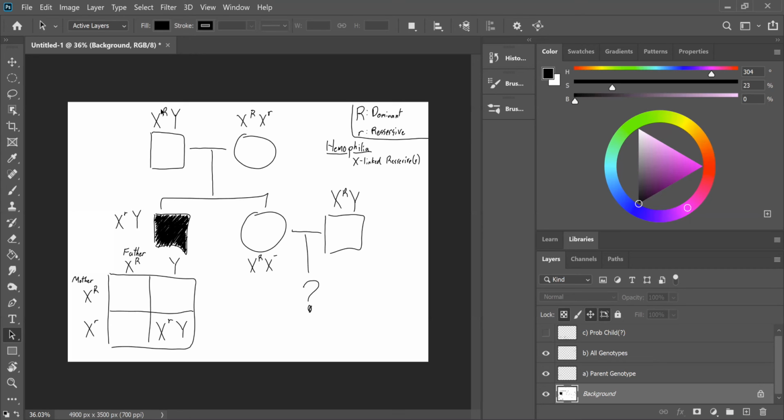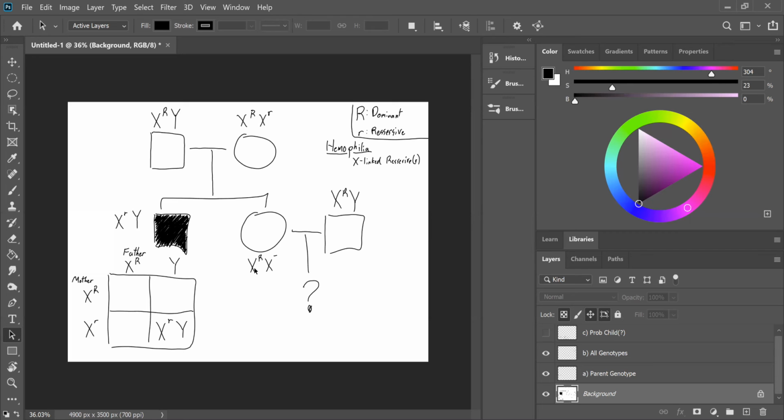The X chromosome of her father has a big R, and since it's the only X chromosome her father can pass to her, that accounts for one of her X chromosomes. The big R is dominant and signifies not having hemophilia.